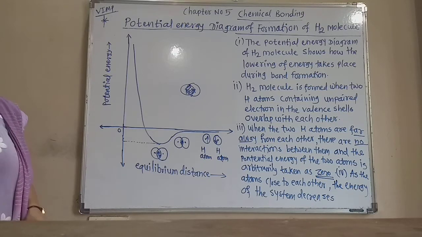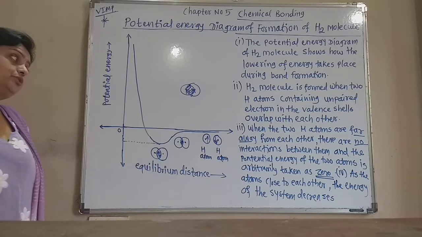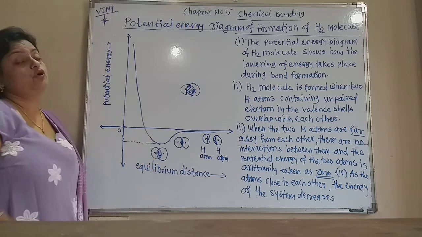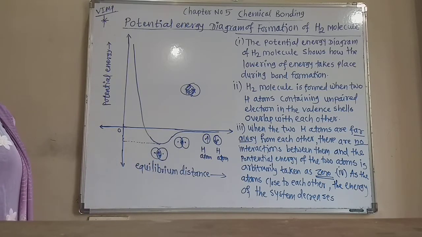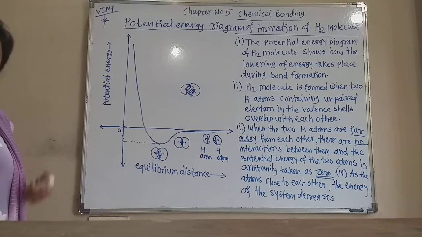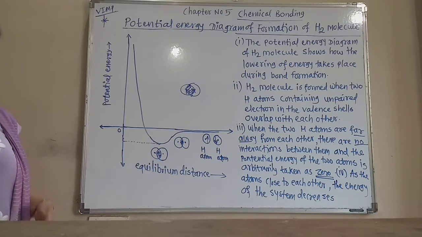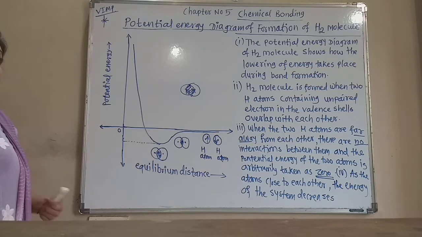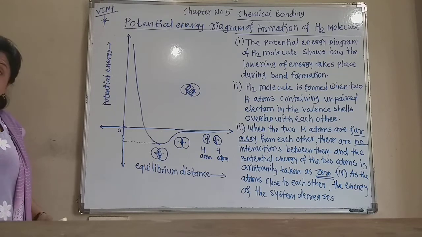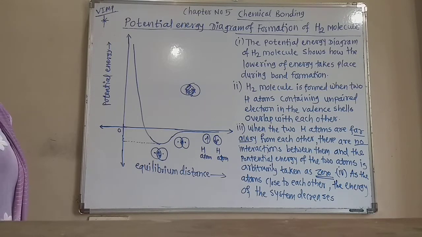Now see here, the potential energy diagram of the hydrogen molecule shows how the lowering of energy takes place during bond formation. Always during bond formation, there is a lowering of the potential energy. A hydrogen molecule is formed when two hydrogen atoms containing unpaired electrons overlap their valence shells on each other. When two hydrogen atoms are far away from each other, there is no interaction between them.